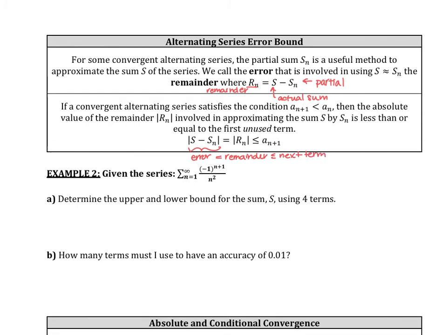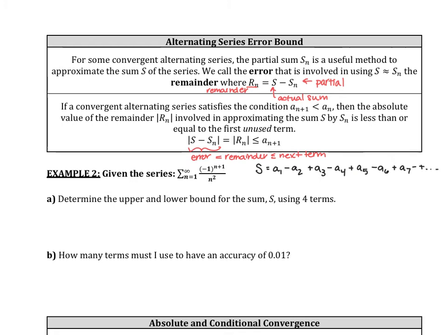So let's think about it for just a moment. Ignoring the problem that's right here, I just want you to think about this. Do you agree that if I have some actual sum, it's equal to a sub 1, plus, if I write out all the terms of my series, it would look something like this, right?